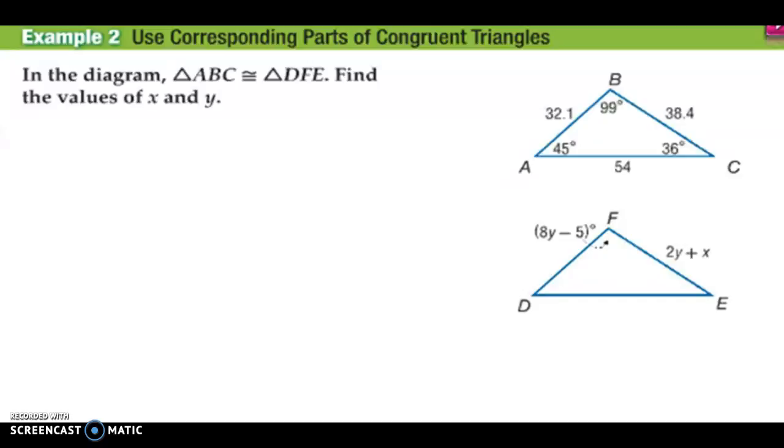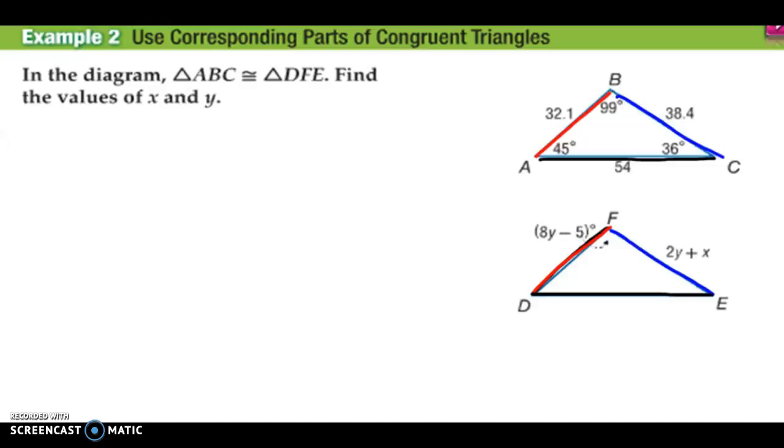Now, example 2, corresponding parts of a triangle. So, in the diagram, ABC, so AB, BC, and AC is congruent to DF, FE, and DE.